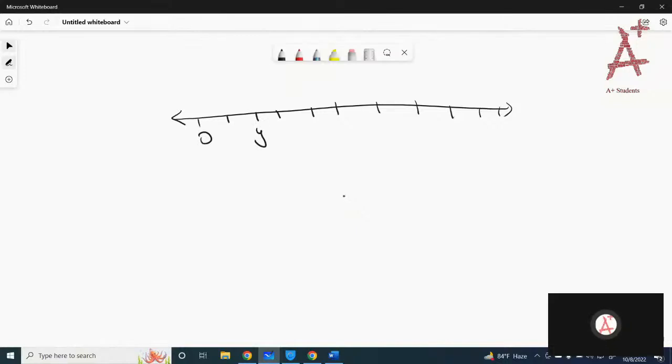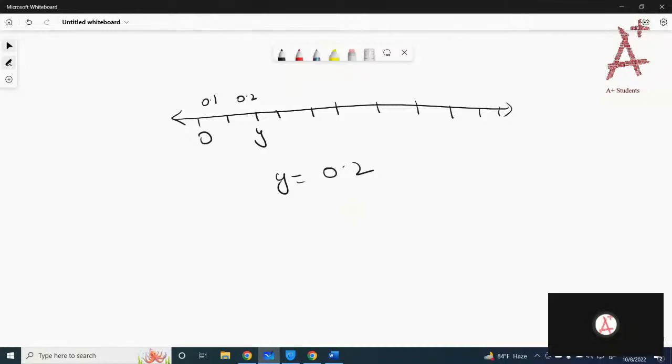Okay, y is here. So what is the value of y? You have to count the intervals. So how many intervals do you have? Just two intervals. It is 0.1 and it is 0.2. So then y equals 0.2. Got it?